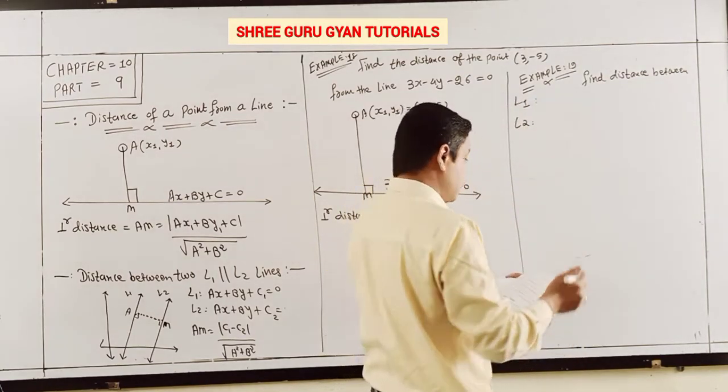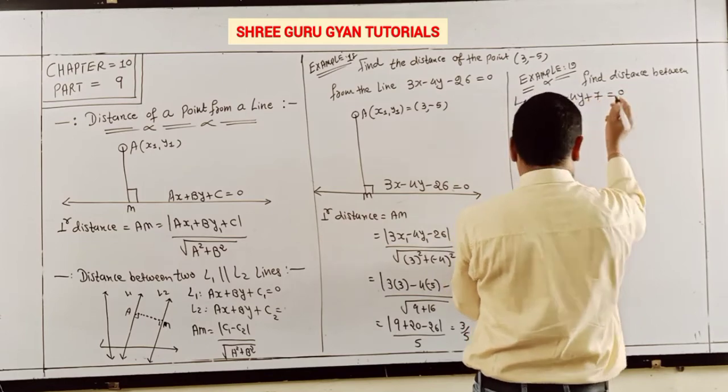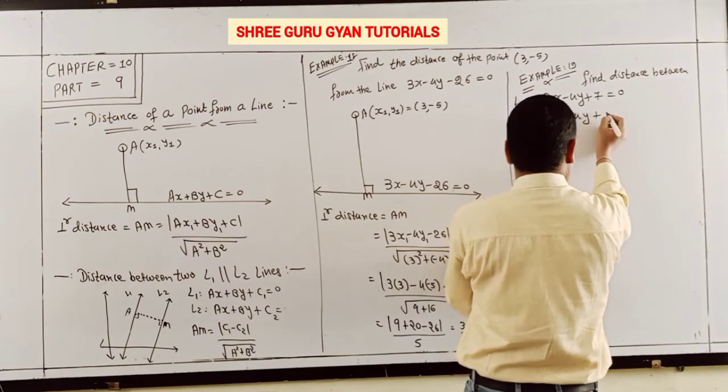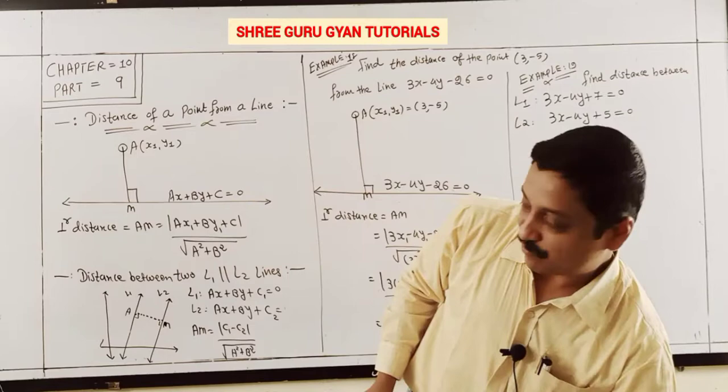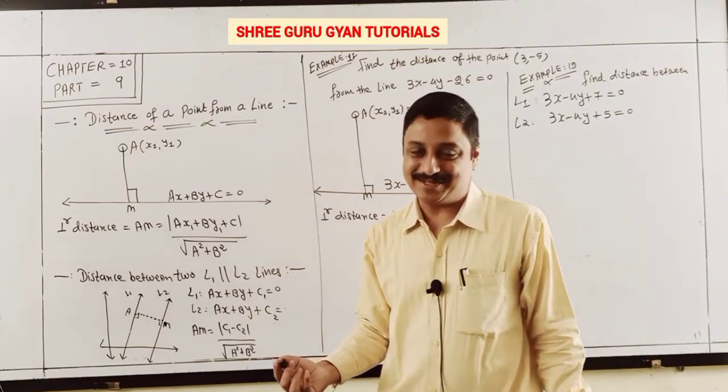My L1 line is 3x minus 4y plus 7, and the second is 3x minus 4y plus 5. Very easy. My formula is c1 minus c2 by under root a square plus b square.